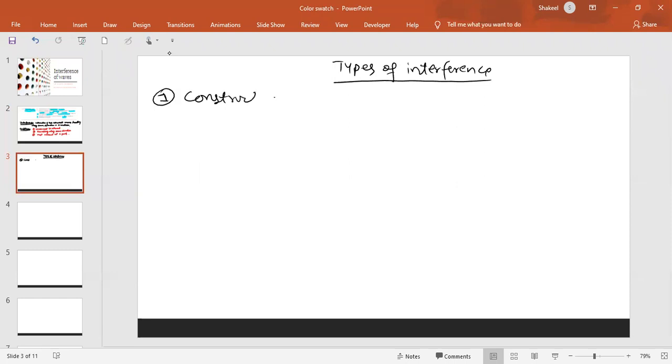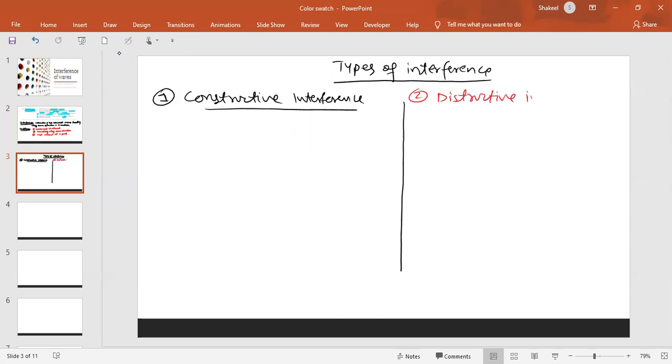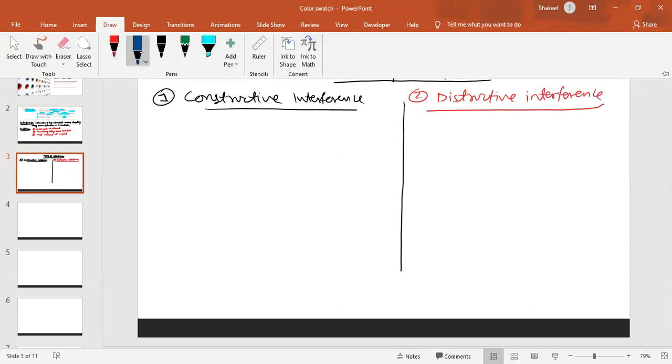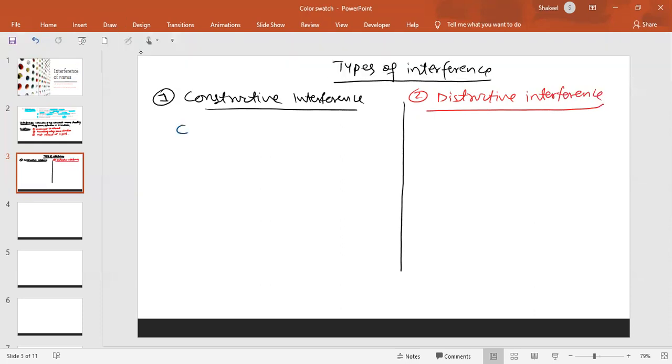The first one is constructive interference, and the second one is destructive interference. About constructive interference, we say that the crest of one wave falls on the crest of the other and the trough of one wave falls on the trough of the other.